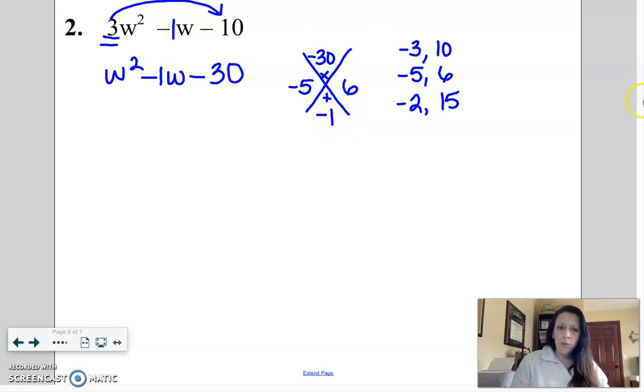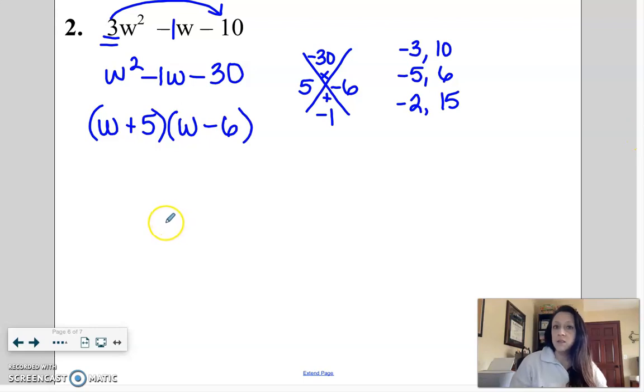Do you remember what you do if you get the right number but it's not the right sign? You switch the signs. So put the minus with the 6. 5 plus -6 is -1. So now we have a winning combination. We want +5 and we want -6.